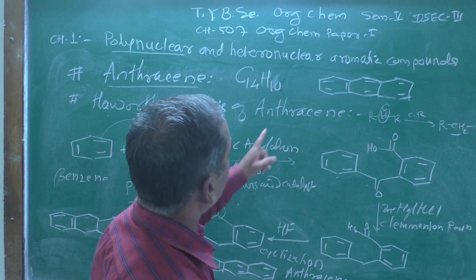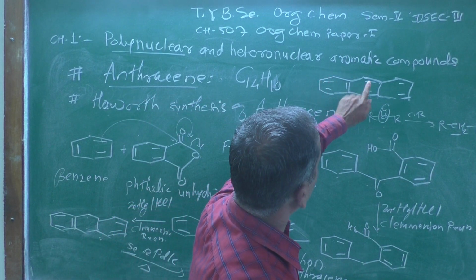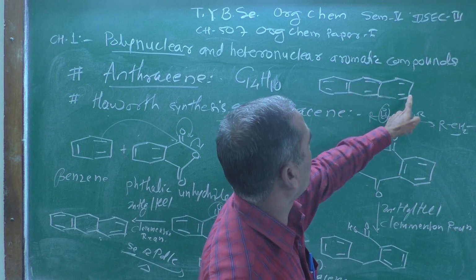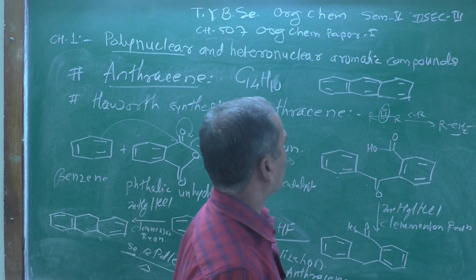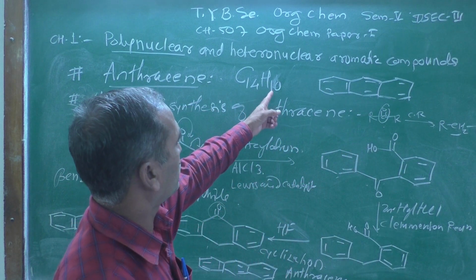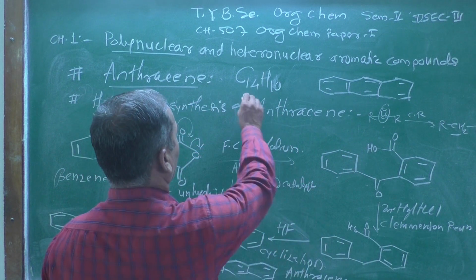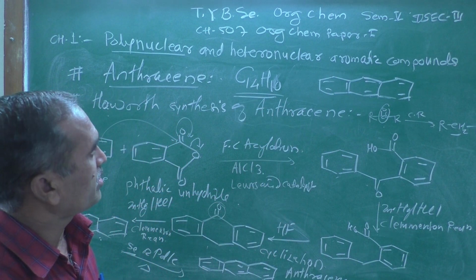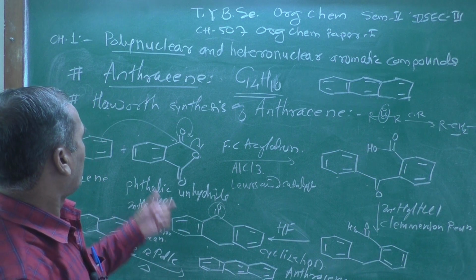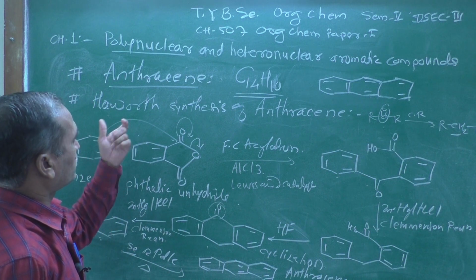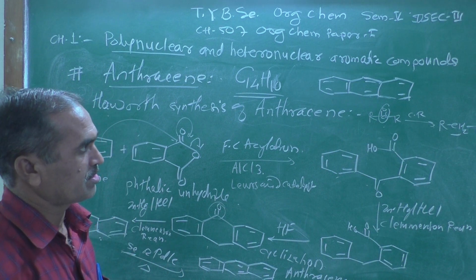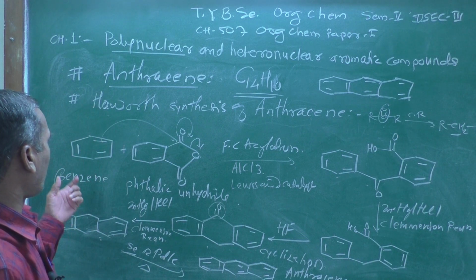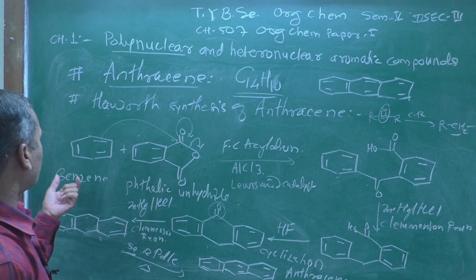So C14, let us count 6, 7, 8, 9, 10, 11, 12, 13, 14. So remember the molecular formula of anthracene will be C14H10.